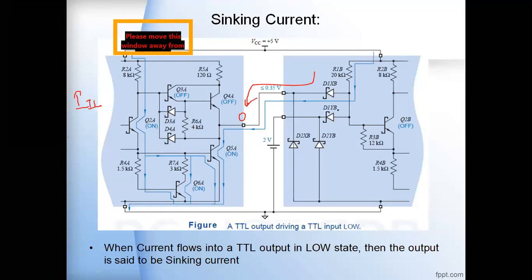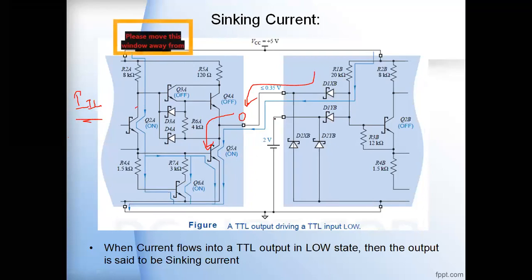Now, the TTL input is the second stage input. The current flows out of the TTL input and enters into the TTL output here. That current is called IIL maximum.